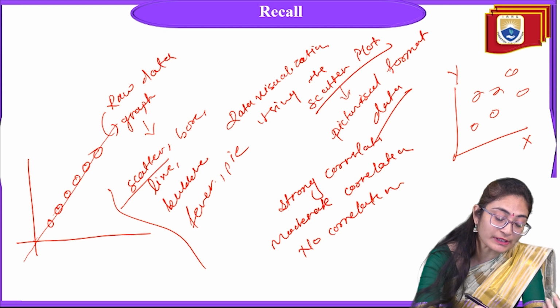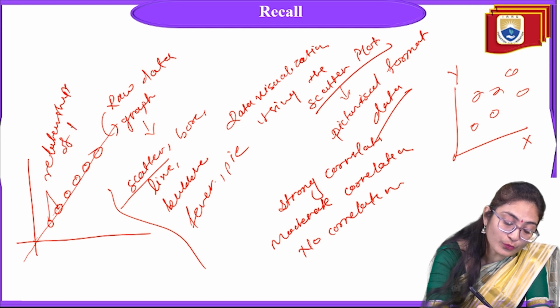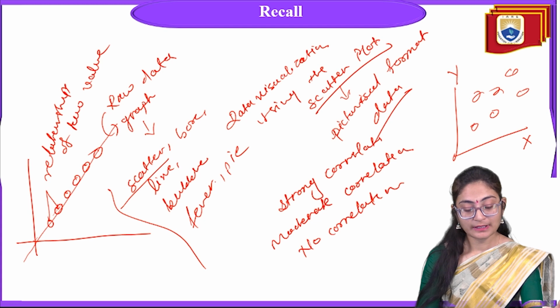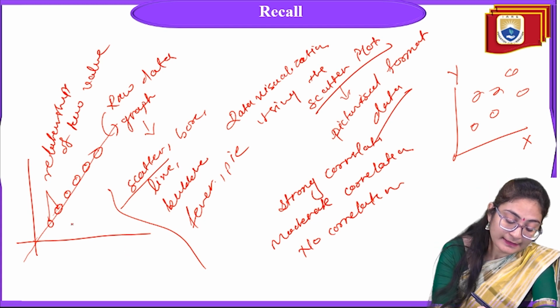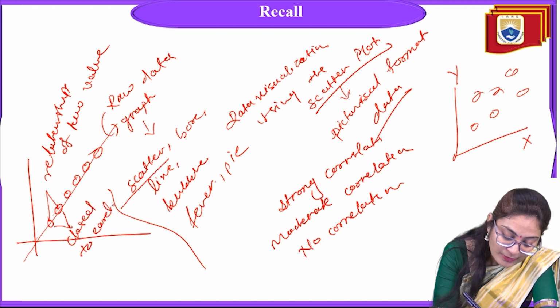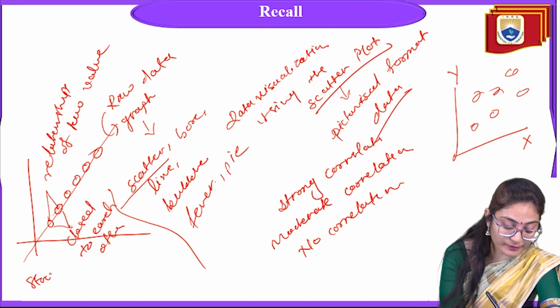That means it is showing the relationship of two values, and these values are very close to each other. This is your strong correlation.